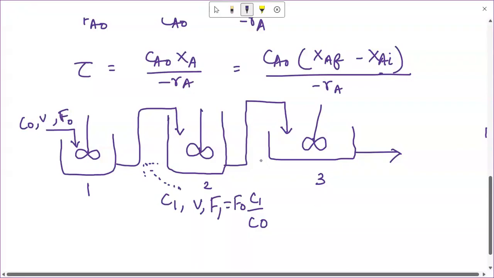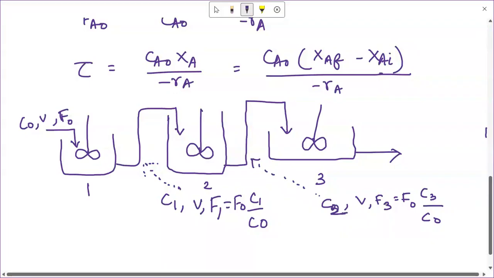Okay, and for reactor 3, we have C3 V F3 equals F0 C3 by C0. So this is for reactor 3's inlet, and for the outlet, okay, sorry, I made a mistake. I should have written here C2, because this is from the outlet of C2.